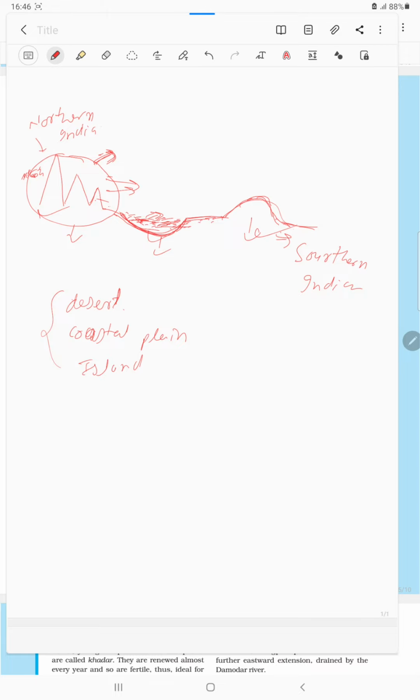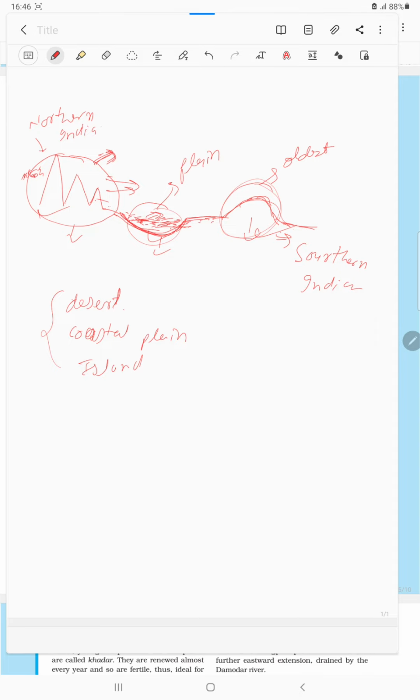And in all of these landforms, the peninsular plateau is the oldest one, and the northern plain is the new one.